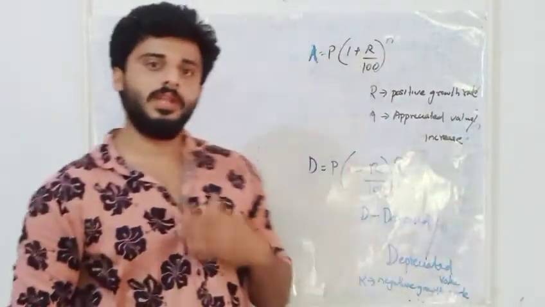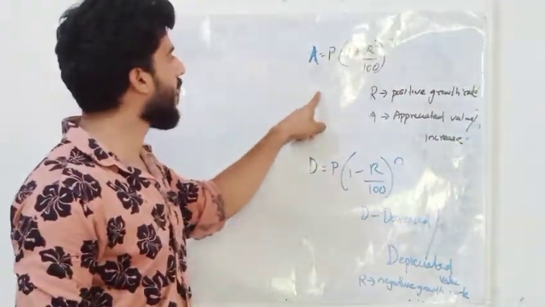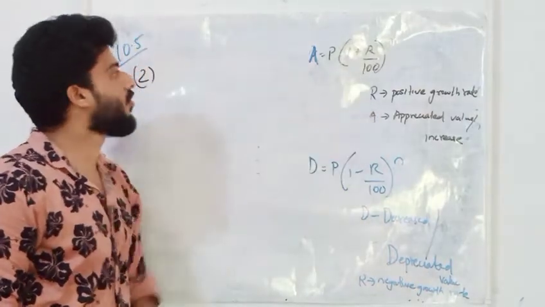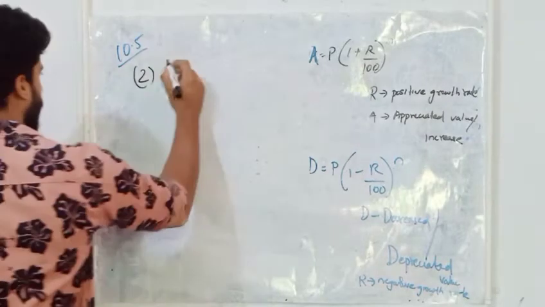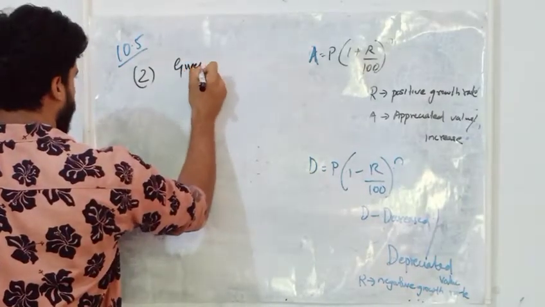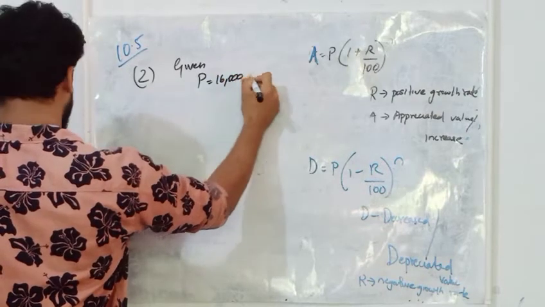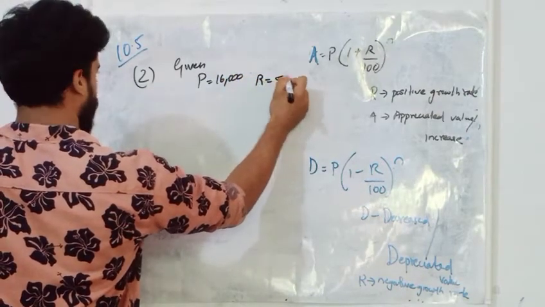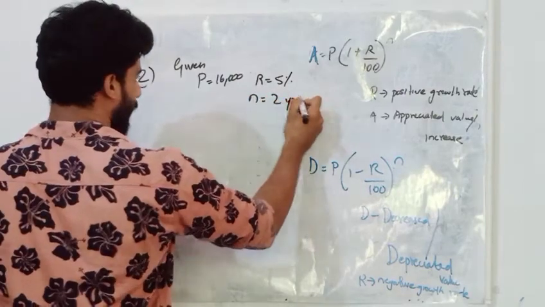So, in the case of increasing, we have to use the appreciated value to find the answer, with a positive growth rate. Given: principal is 16,000, rate is 5%, and n is 2 years.